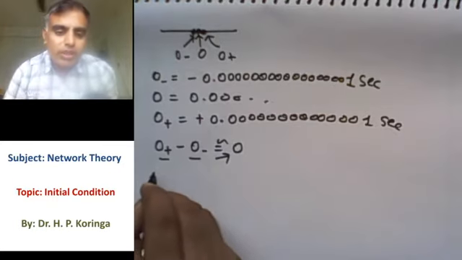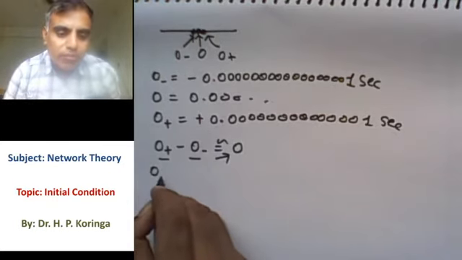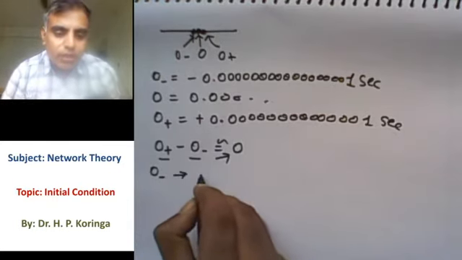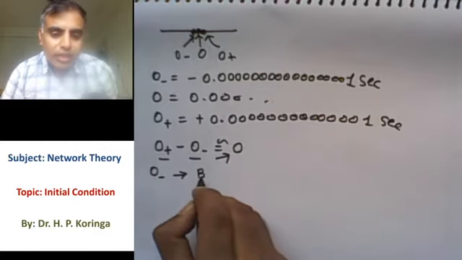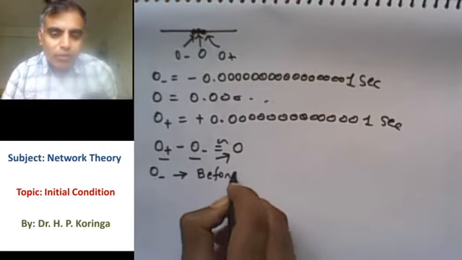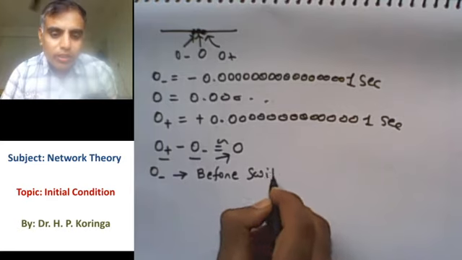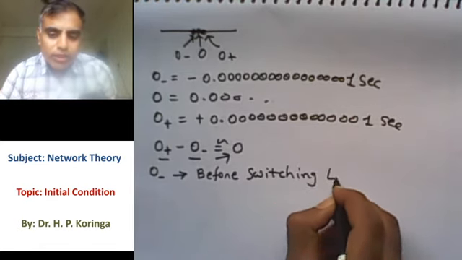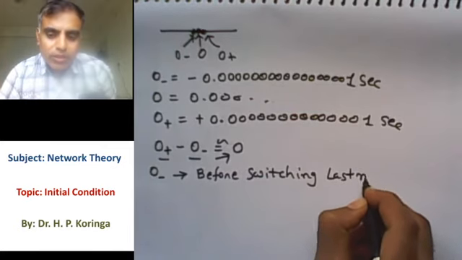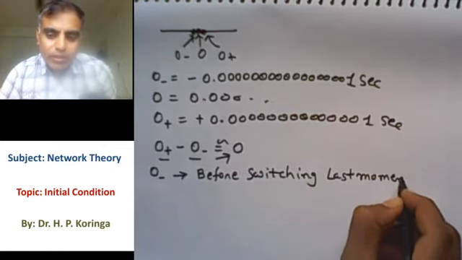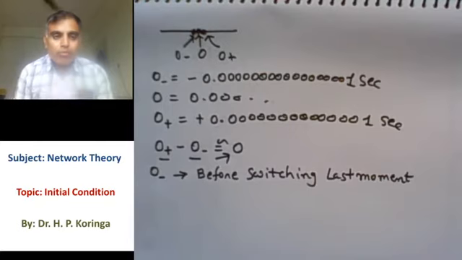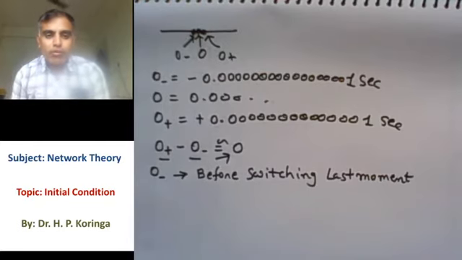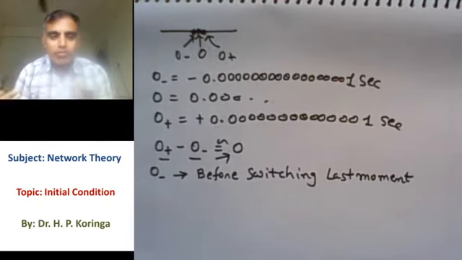But 0 minus is defined as the last moment before switching. It is called the before switching last moment, right? Then switching happens.